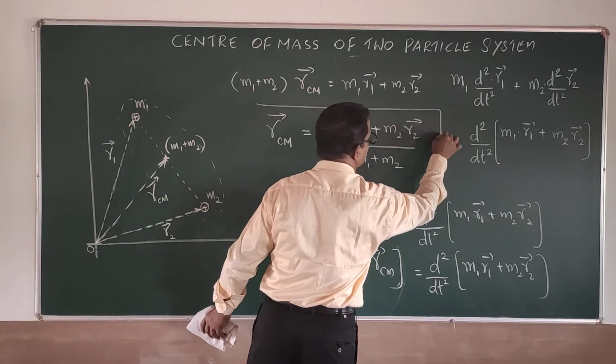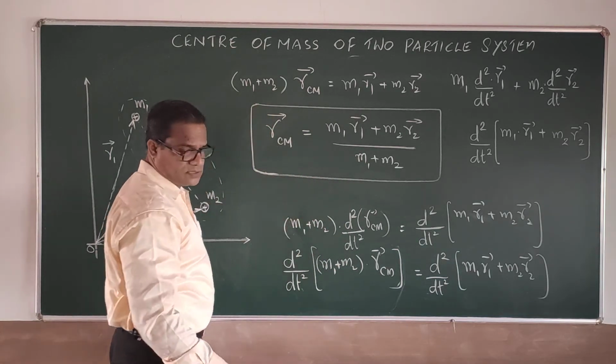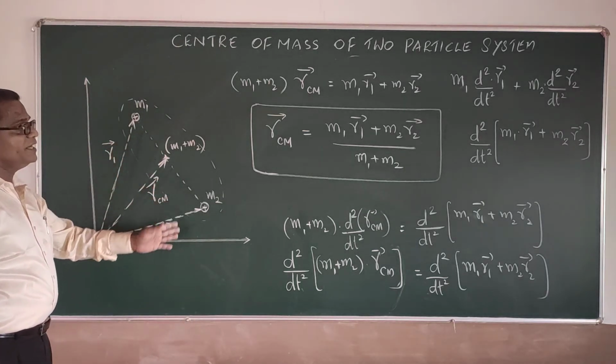So this is the equation you can use to find the position vector of the center of mass of a two particle system m1 and m2.